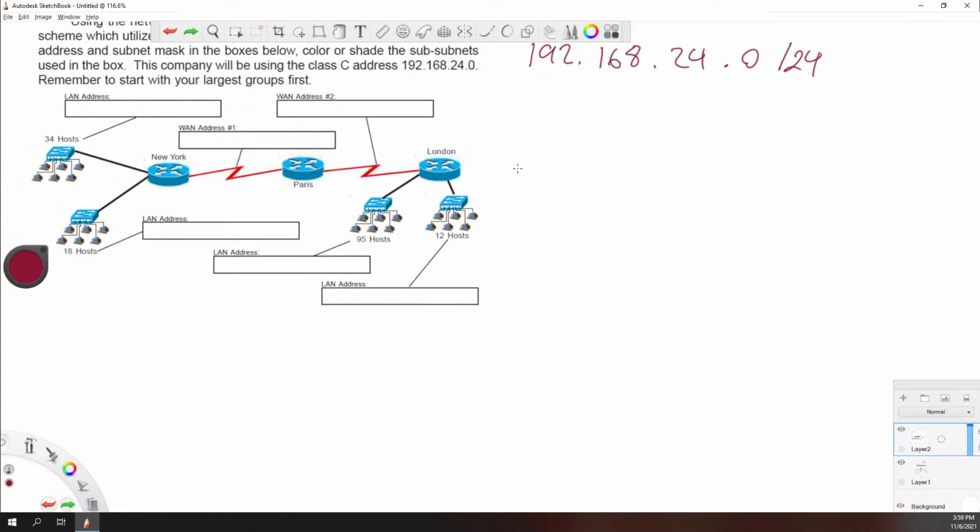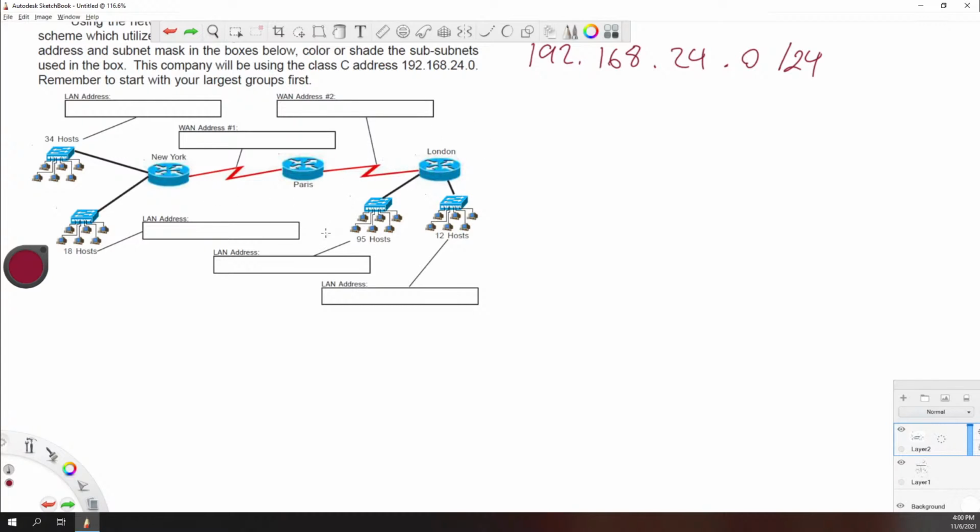If we were doing supernetting, and pretending that this was our connection to the internet, you'd want this side of the networks to all be in the same range. So you'd add up your 34, your 18, and then this link, have that in one section, then add up all these, have that in another section, and subnet from there. But we're not going to do that.